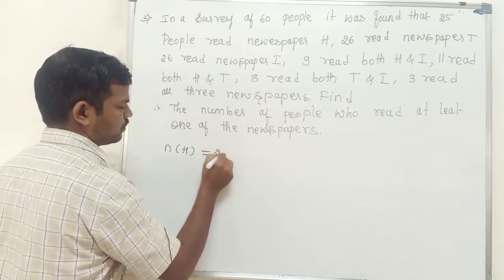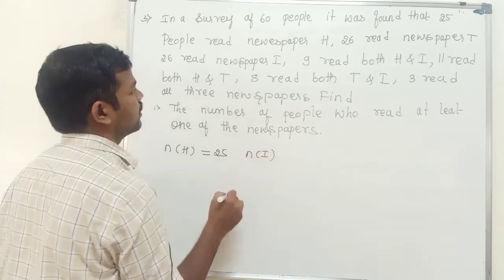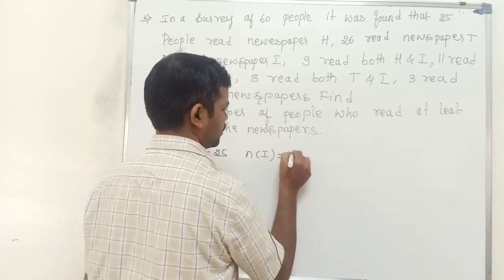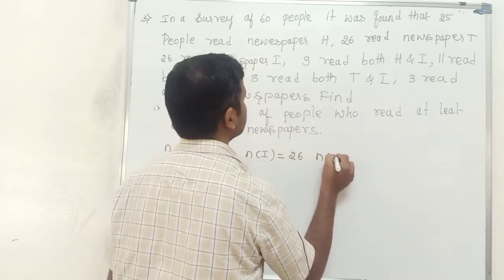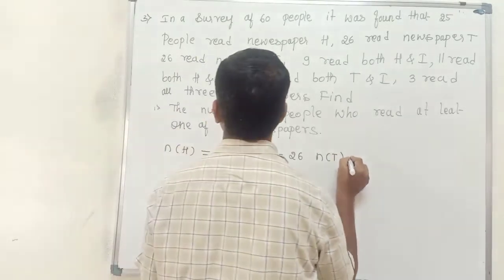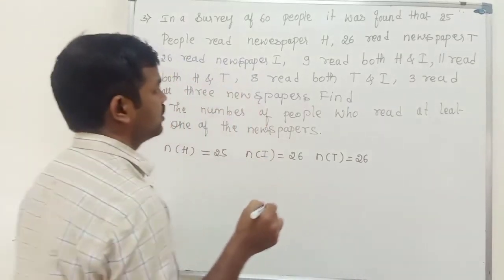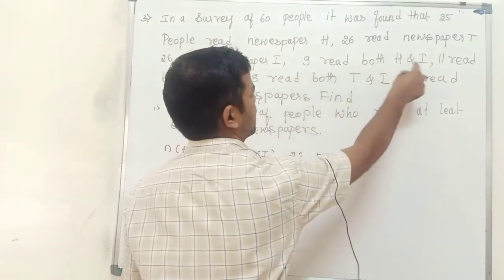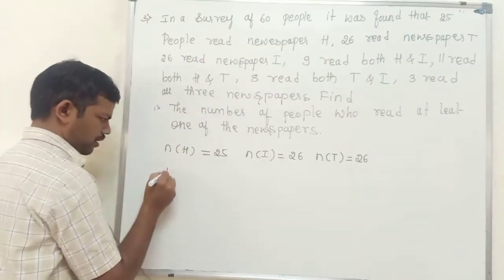The number of people who read I is 26, and the number of people who read T is also 26. And also they have provided that 9 read both H and I.